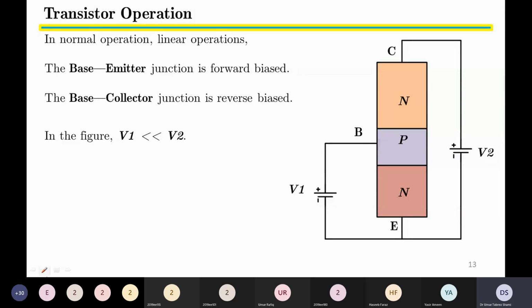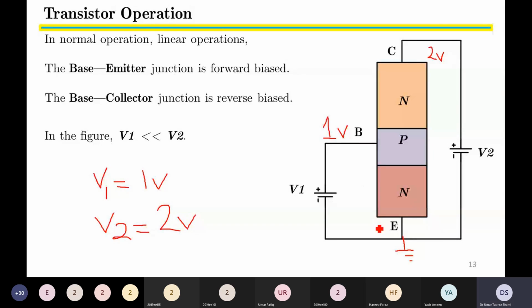So let us see an example. Let us say that we are using V1 equal to 1 volt, and we are using V2 equal to 2 volts. If emitter represents the ground, then base is at 1 volt and the collector is at 2 volts.